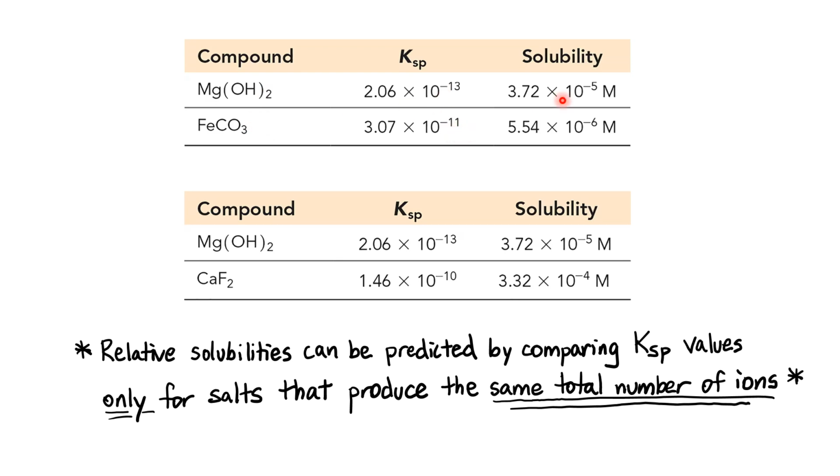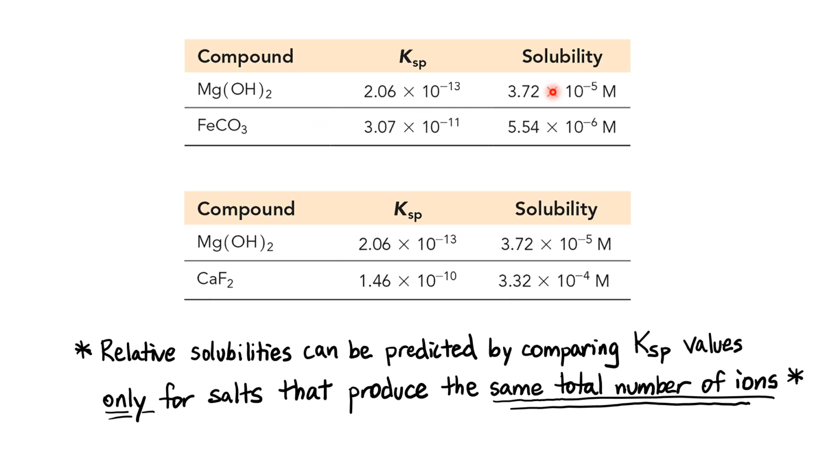KSPs, right? Because if this is producing 3 ions, but let's say iron carbonate, FeCO3, Fe is 1 ion, CO3 is another, that's a polyatomic ion. These produce 2 ions for every 1 mole of iron carbonate, and this produces 3. If they produce a different amount of ions, you can't compare their KSPs to determine the solubility.